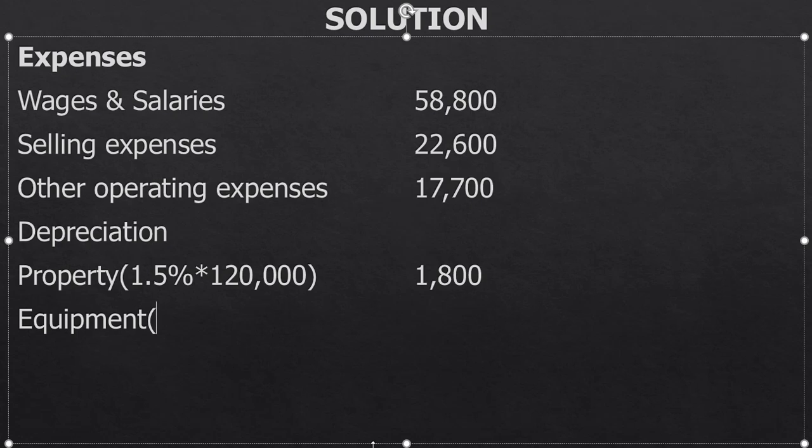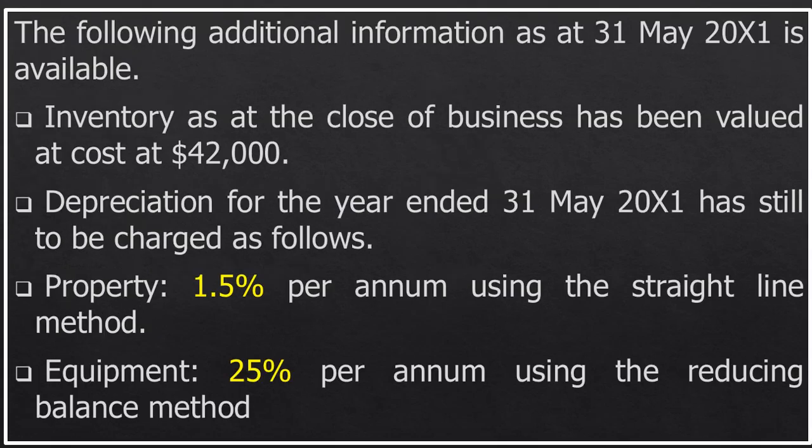Now for equipment, they told us that the equipment is depreciated 25% per annum using reducing balance method. So if you can remember what we discussed in the session of depreciation, we said reducing balance, the rate is charged at the net book value at the beginning of the year. So we look at what was the net book value when we were starting. Then we charge depreciation 25%.